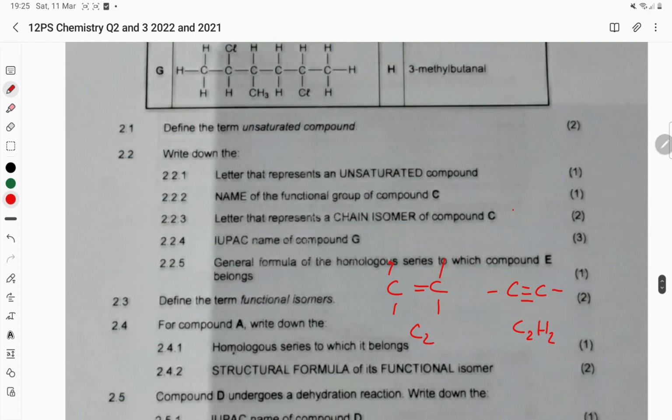With the double bond, you have C2H4, and with a single bond, you'd have 6 hydrogens, so C2H6. So it has to be this, and that's an alkene, and the formula would be CnH2n. Remember, alkanes are CnH2n+2, alkenes are CnH2n, and alkynes are CnH2n-2.